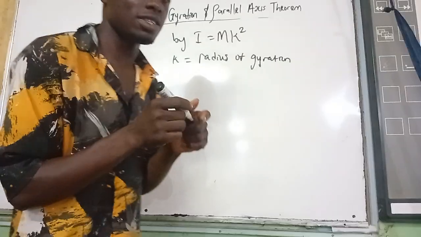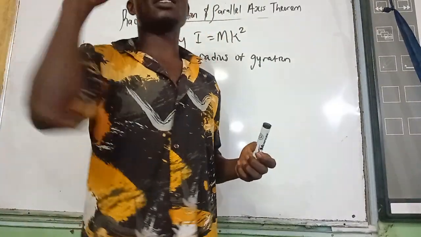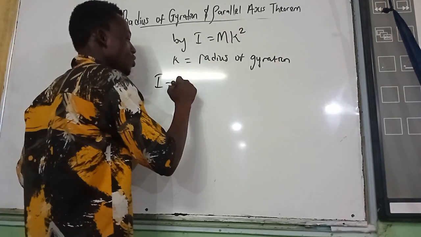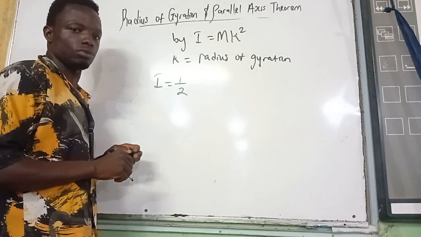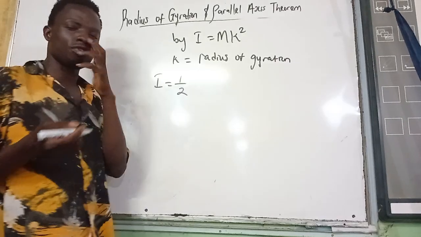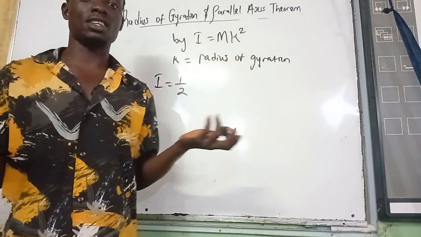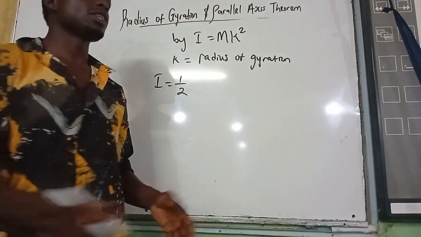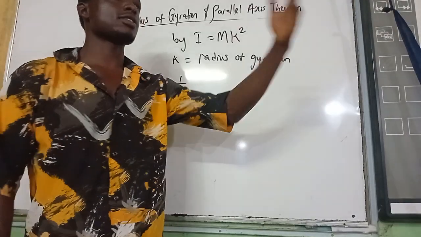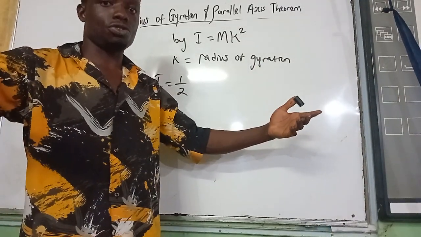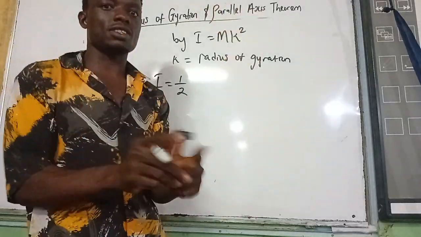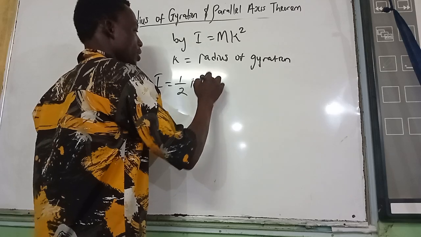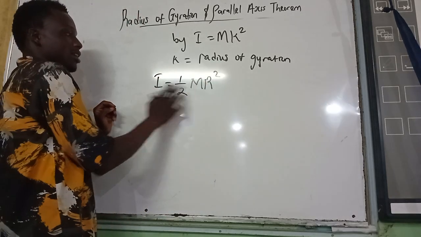For a uniform circular disc rotating about an axis through its center, we all know that the moment of inertia is 1 over 2 Mr squared. For a meter rule, the axis of rotation could be at the center or at one end, but here the axis is at the center. So since I is this, I is also this.